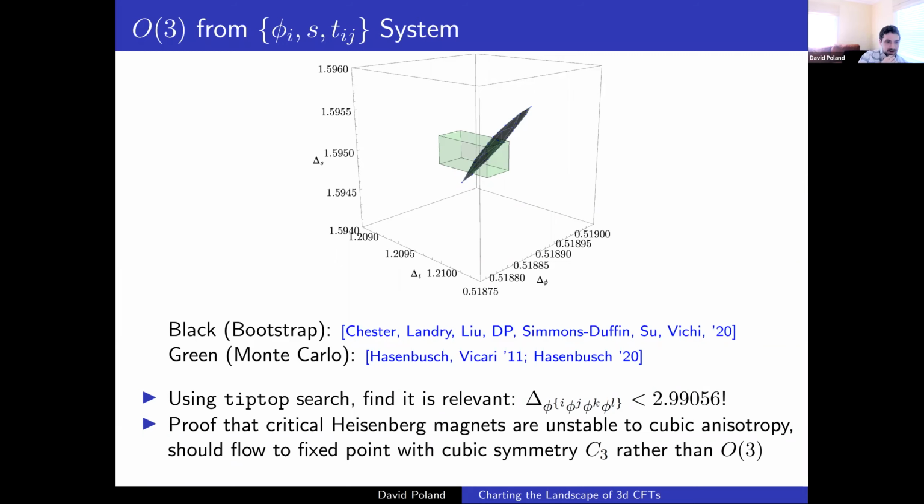So we are now convinced that this operator is a relevant operator. This is more or less a numerical bootstrap proof that what you would call critical Heisenberg magnets are unstable to cubic anisotropy. That's an interesting result to come out of our analysis.